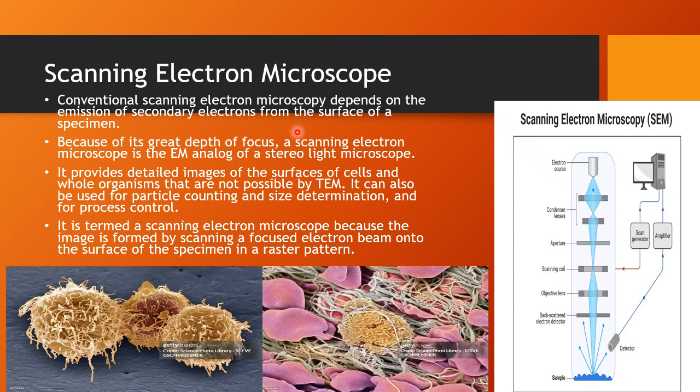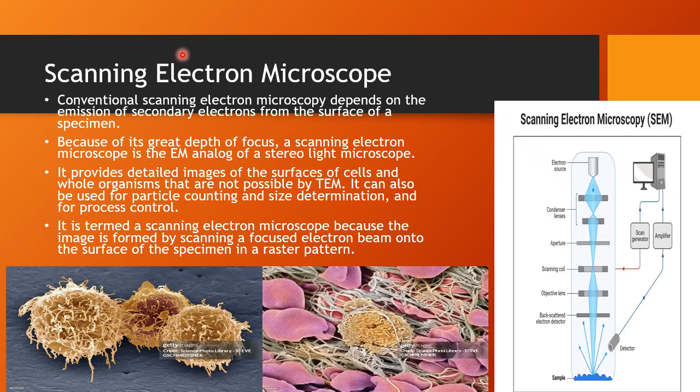Mainly this microscopy depends on the emission of secondary electrons. In the transmission electron microscope it was primary electrons, as I told, whereas here it depends mainly on the emission of secondary electrons.